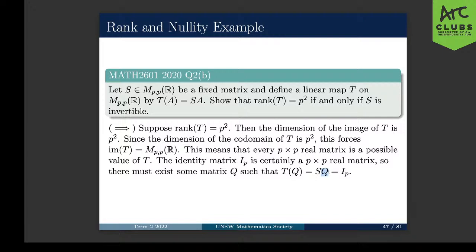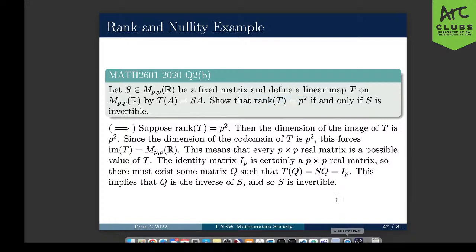That translates into: there exists a matrix Q so that SQ is I, the identity matrix. Well, that's pretty good for us, because that's saying Q is the inverse of S, and S is invertible, therefore. So that's the first forward direction proof. We went from rank equals P squared to S is invertible at the end.